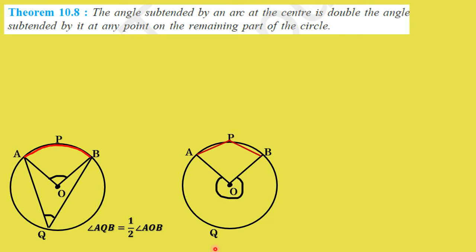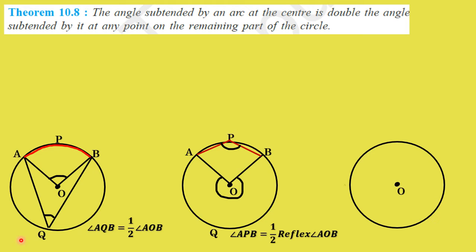So this reflex angle AOB is double the angle APB, or angle APB is half of the reflex angle AOB. Now what will it be when it is a semicircle?